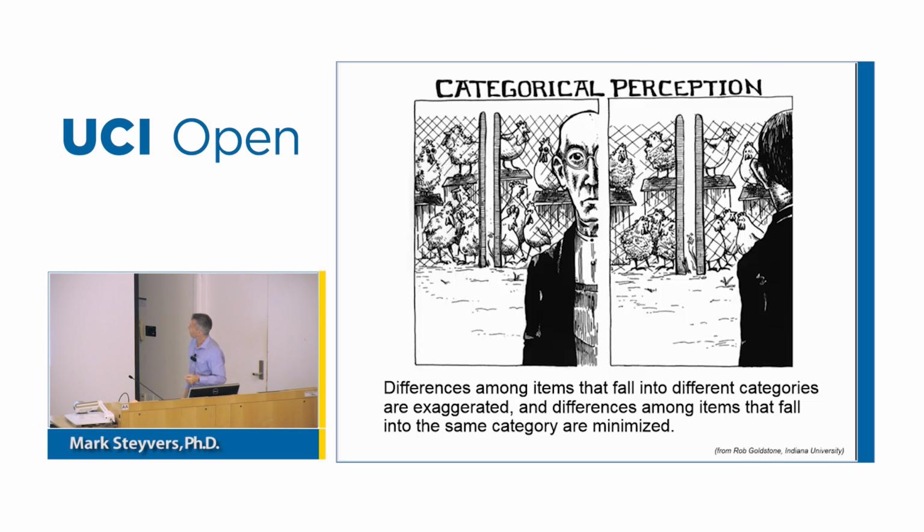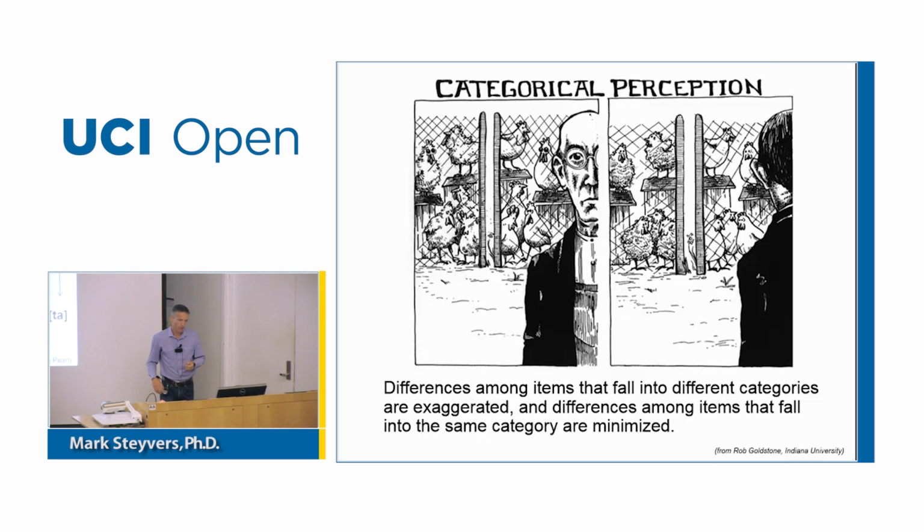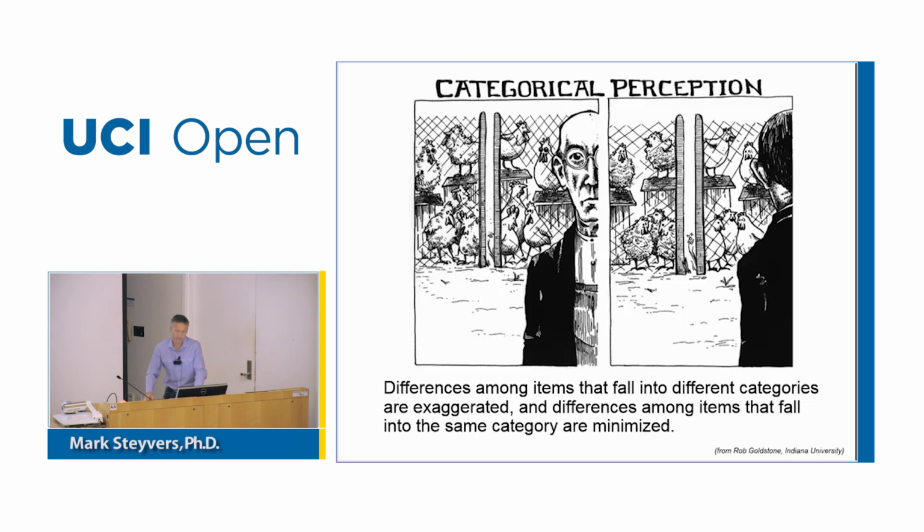So let's give an example of some very simple stimuli where your knowledge that there are different sound categories influences your perception. So here there's a sound, and there's da and ta.